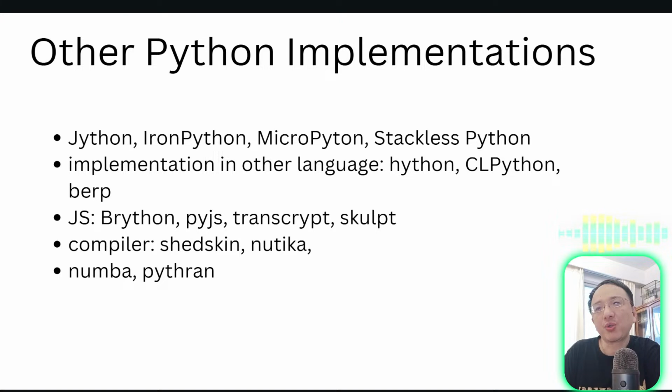And people also like to make Python faster, so like to make Python a compiled language. So there are also other compilers for Python. One of the early ones that I like is Shed Skin.